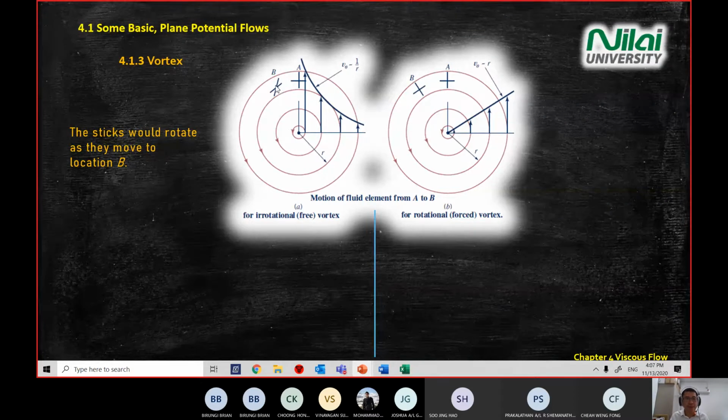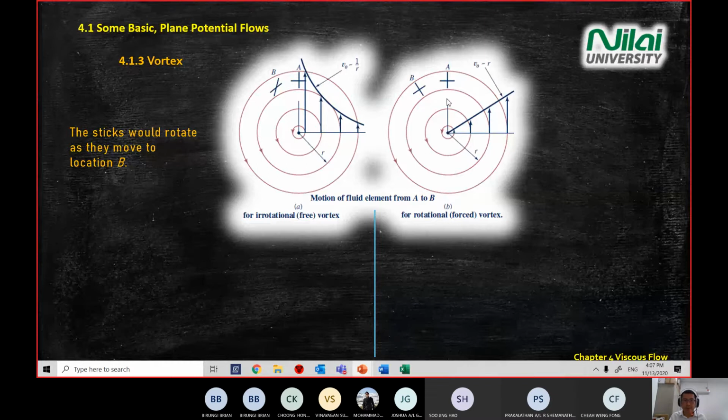But if you refer to the diagram on the right, inside the forced vortex, you see the cross sticks. What is the behavior from A to B? Actually, it does not do anything. It just maintains the orientation towards the center. So the body does not rotate.